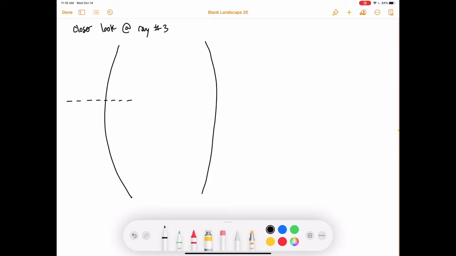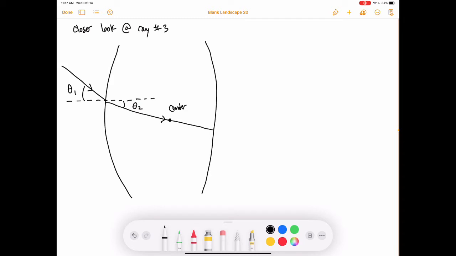So this is the ray that's entering the lens. Let's say it enters the lens at an angle theta 1. So after traveling into the lens material, which is glass typically, it's going to bend towards the normal line. So that's what I'm showing here. Theta 2, let's call this angle, is smaller than theta 1. And again, this goes right through the center of the lens.